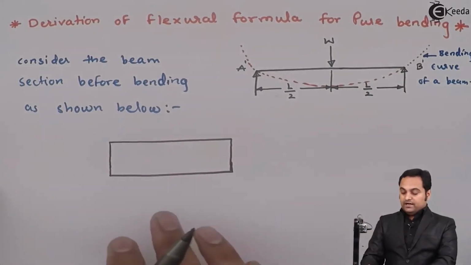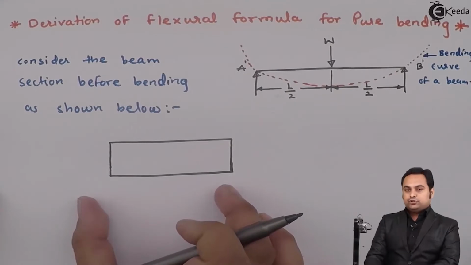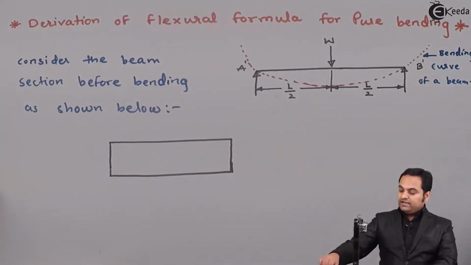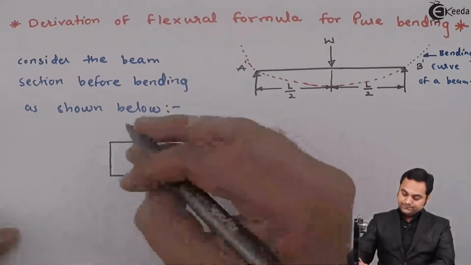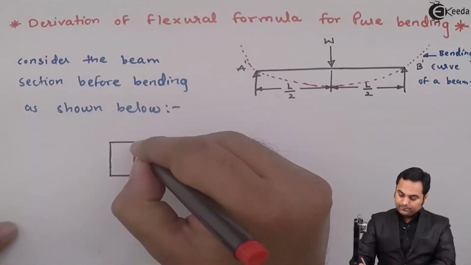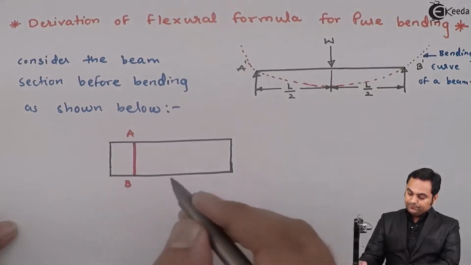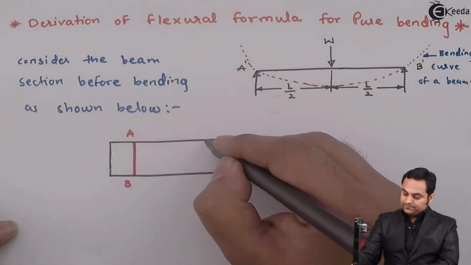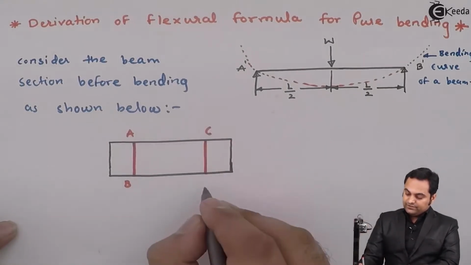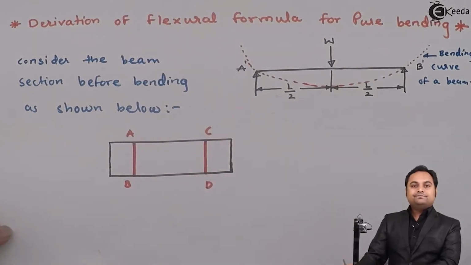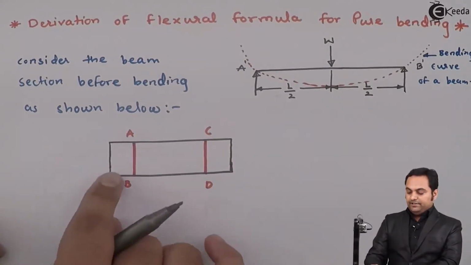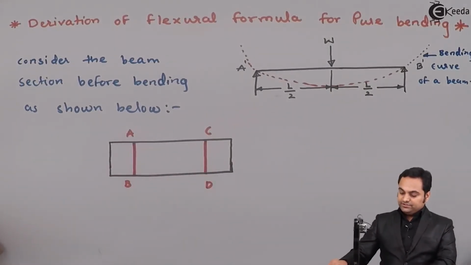Now after this, here I am considering a portion of a beam. On this I will take two sections. One is section AB and the other is section CD. Here I have taken a part of that beam, and in that part I am taking two vertical sections.